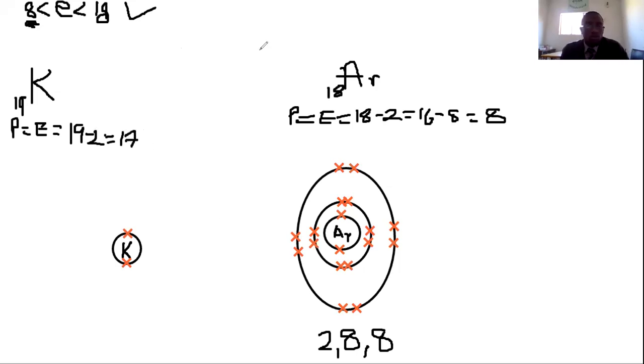From the 17, it's possible to get 8. Therefore, the second shell will get 8 electrons: 1, 2, 3, 4, 5, 6, 7, 8. So we subtract the 8 that we have put in the second shell. What will be the remainder? The remainder will be 9.